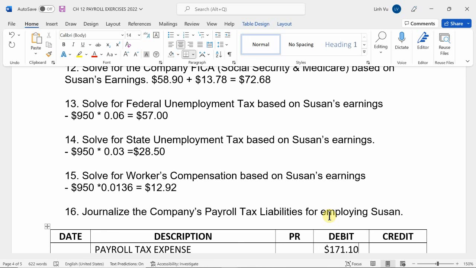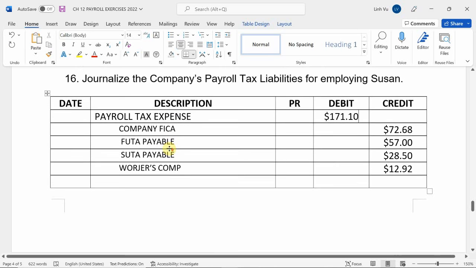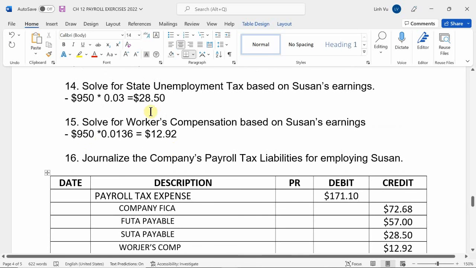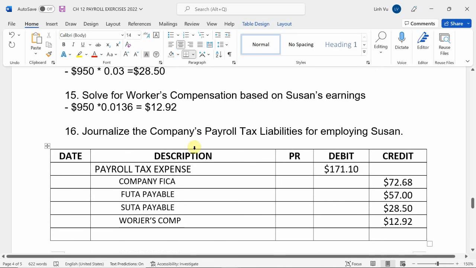So then we just plug those numbers in? Mm-hmm. And then workers' compensation is 1.36%.